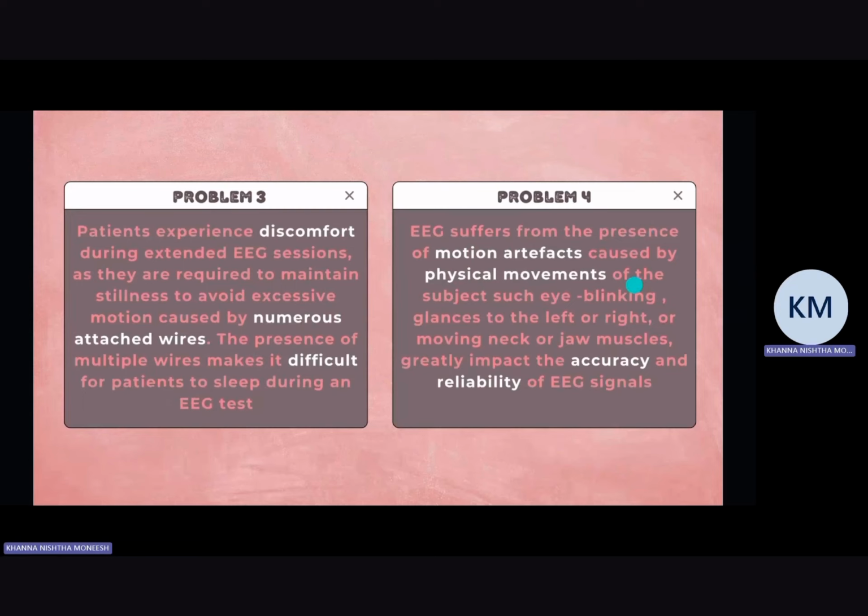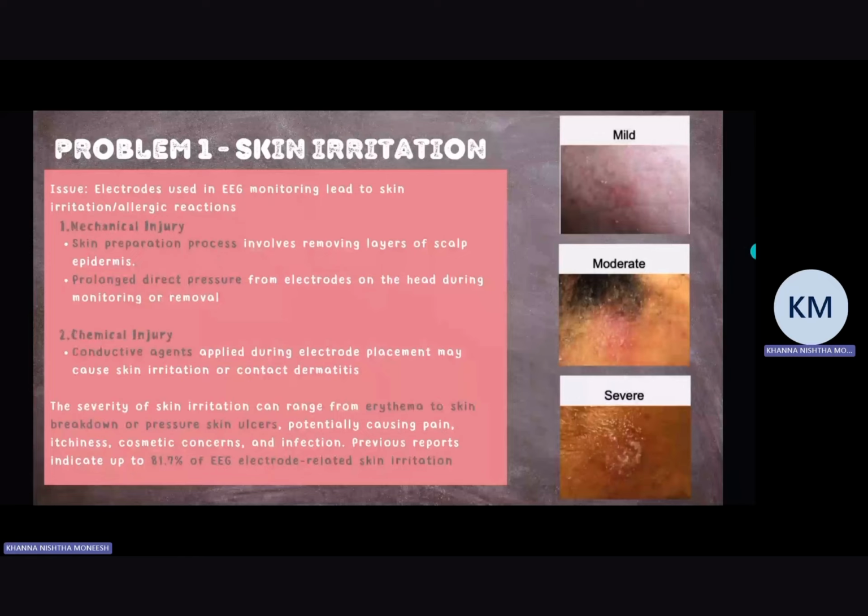Delving deeper into problem 1, which is that electrodes used in EEG monitoring frequently lead to skin irritation, hence presenting significant challenges for patients undergoing monitoring. Mechanical injury can occur during the skin preparation process, which involves removing layers of scalp epidermis, and due to prolonged direct pressure from the electrodes on the head.